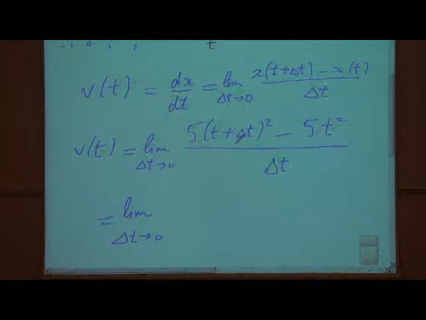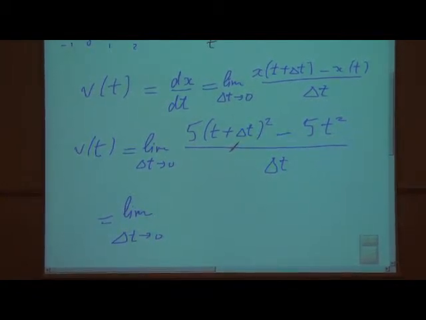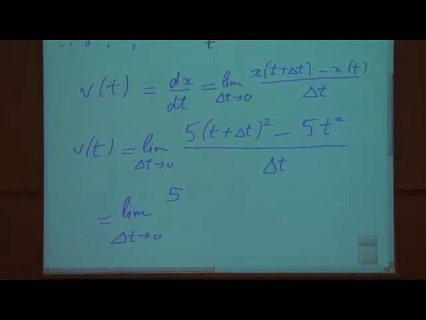T plus delta t squared. What does that give me? Well, 5 is already there. Let me write the 5. You tell me what t plus delta t squared is.